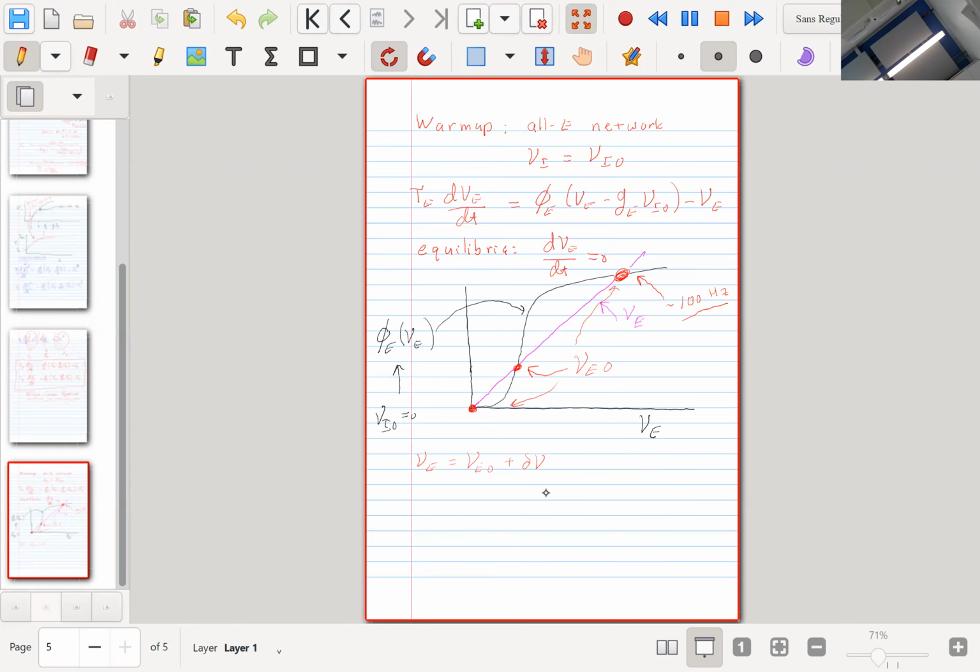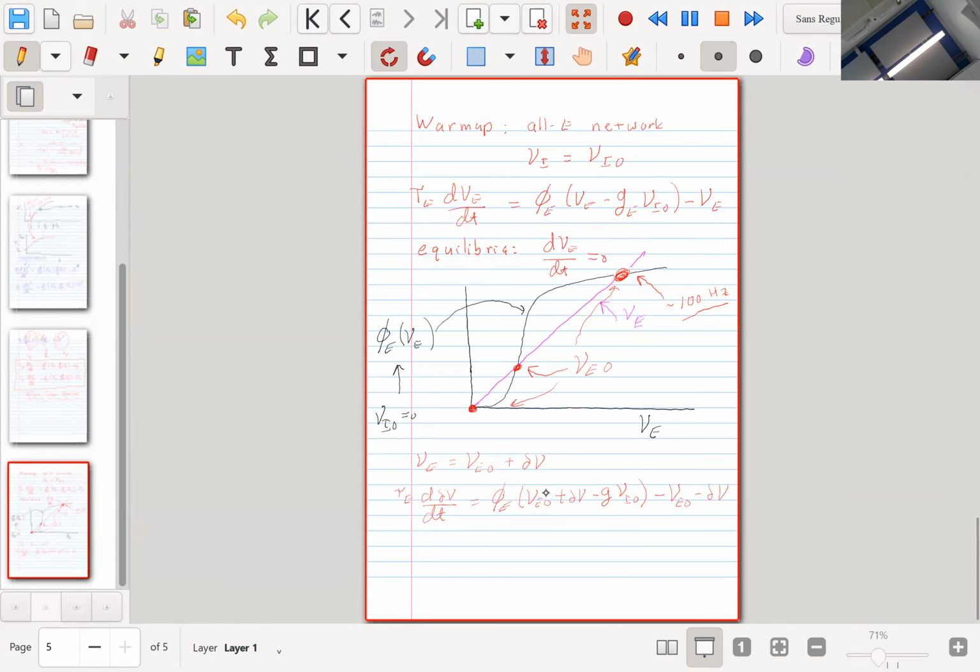Now nu E0 is a constant, so our differential equation becomes tau E d delta nu dt equals phi E of nu E0 plus delta nu minus G nu I0 minus nu E0 minus delta nu.